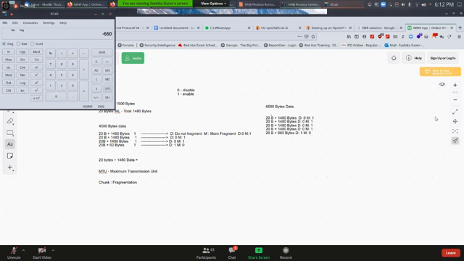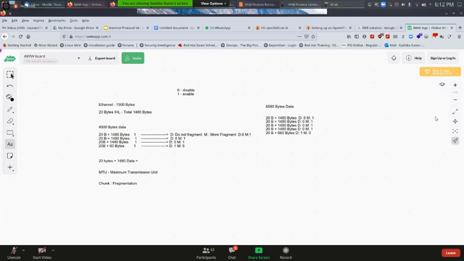So it's not 560, it's 660, because the data size is 6580.